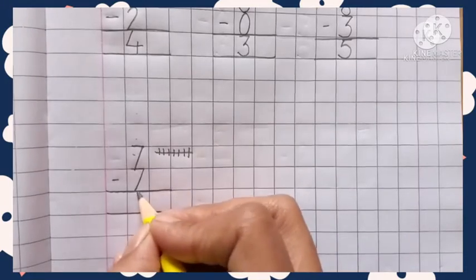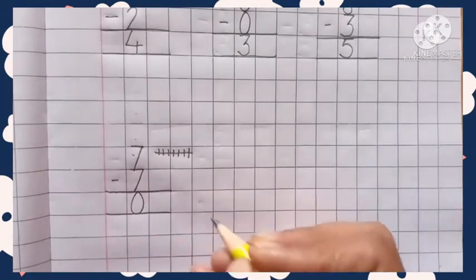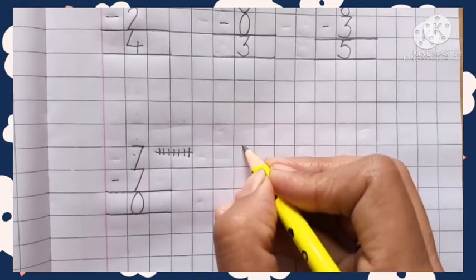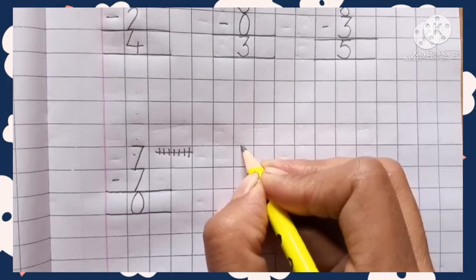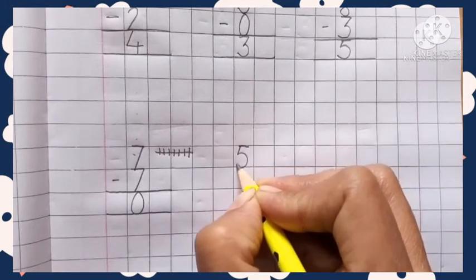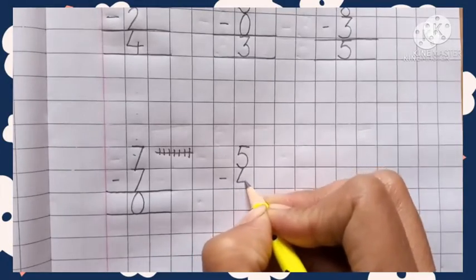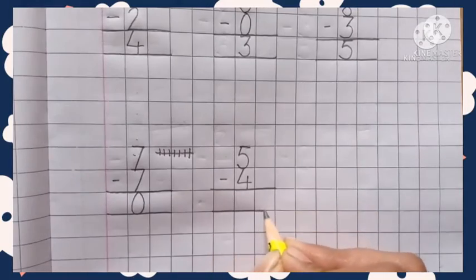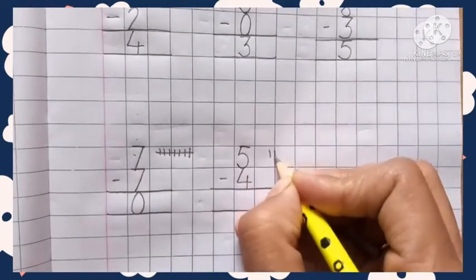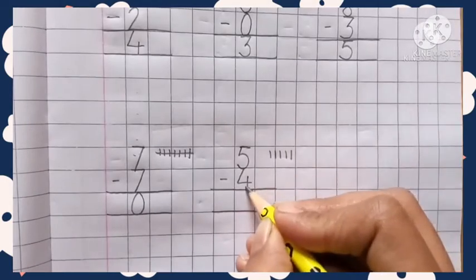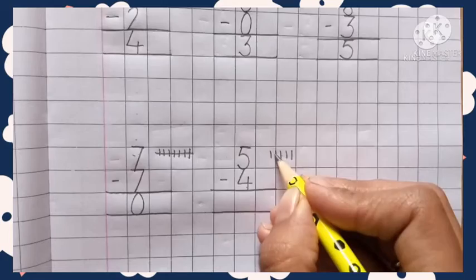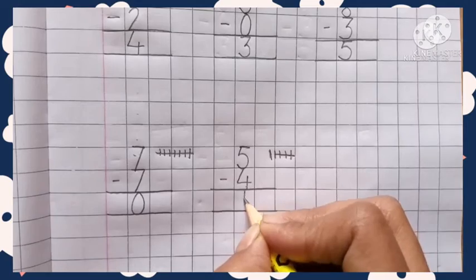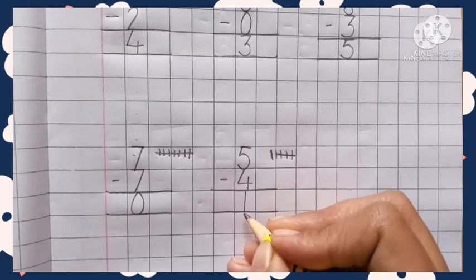Nothing is left. We will write here 0. We skip 4 boxes and write from here 5 minus 4. Draw 5 lines and cut 4 lines. 1 is left, right? 1 is our answer.